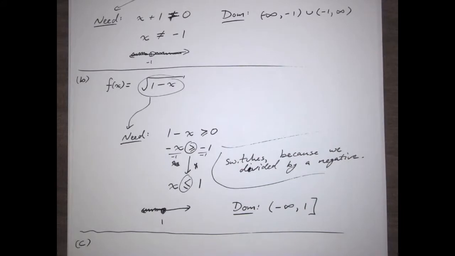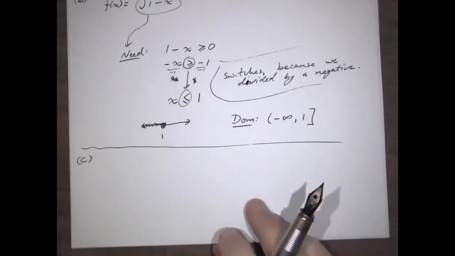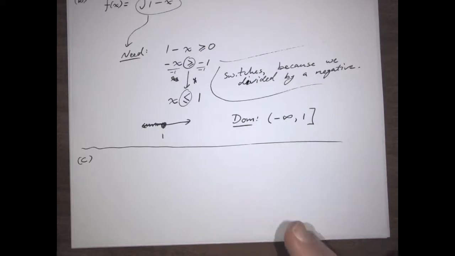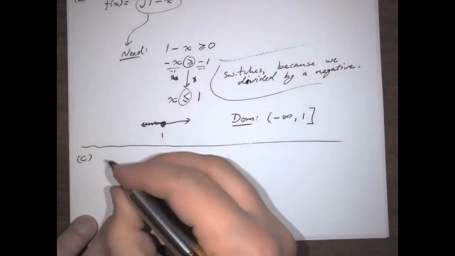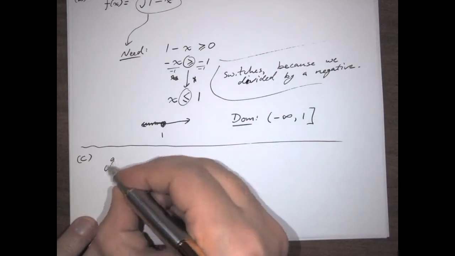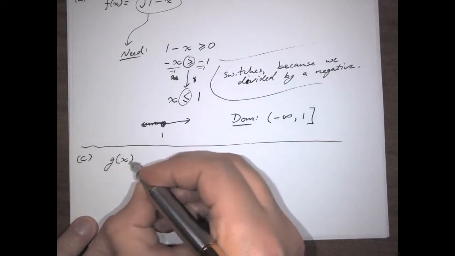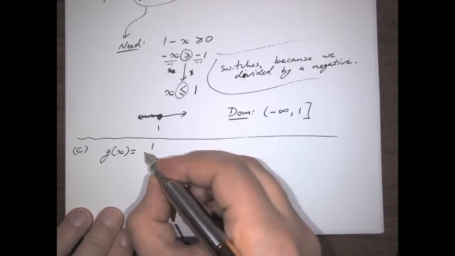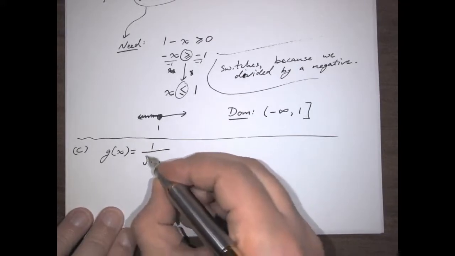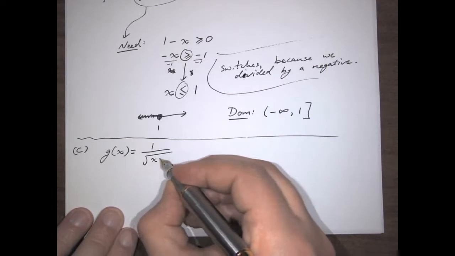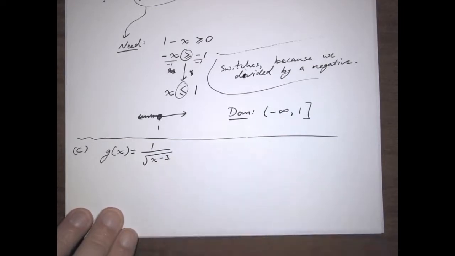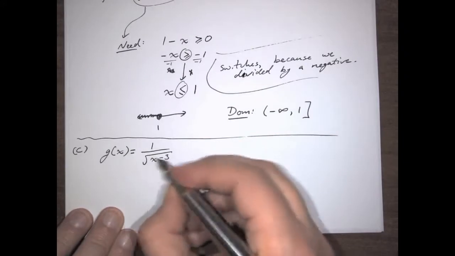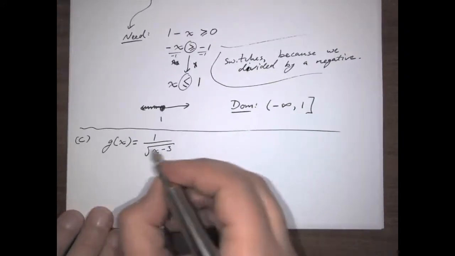Now, continuing along here, what would happen if what we had was, say, g of x is equal to 1 divided by the square root of x minus 3. Well, here, not only do we have a square root, but we also have a division.